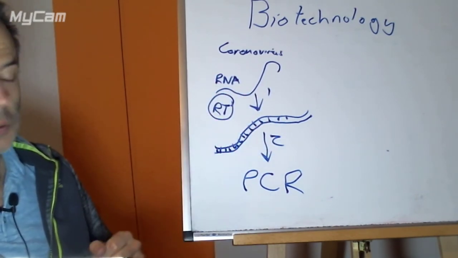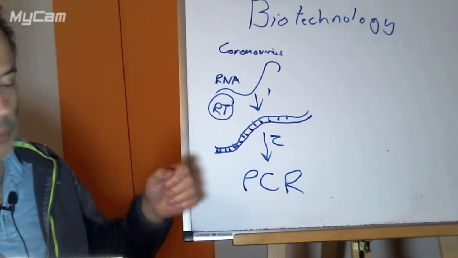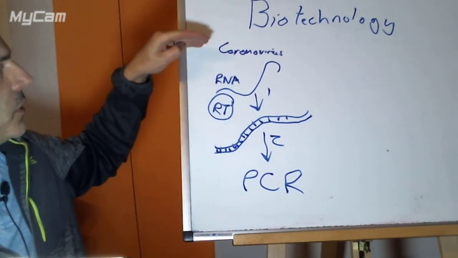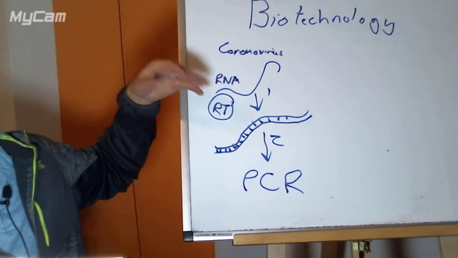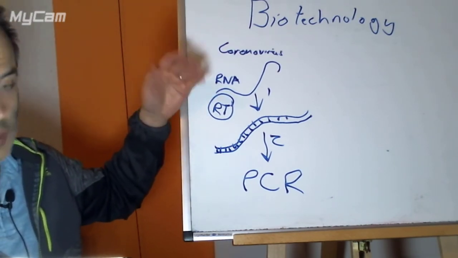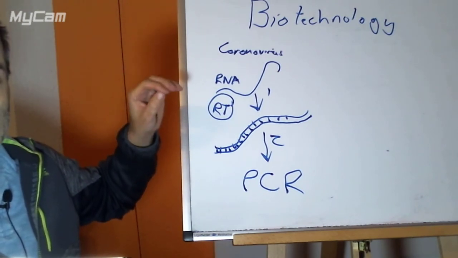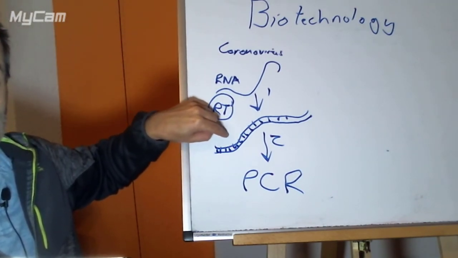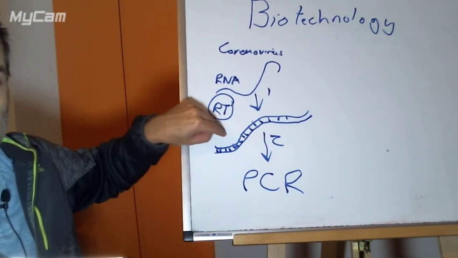What we can also do is we can put several other primers for different coronaviruses, and so we can measure for COVID-19 and also for flu at the same time and tell the difference, because it's the primers that determine whether we copy it or not.